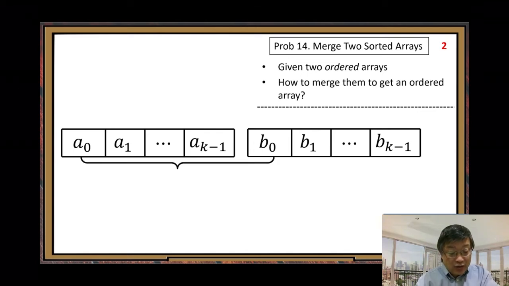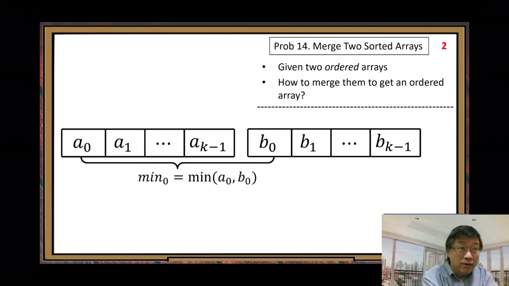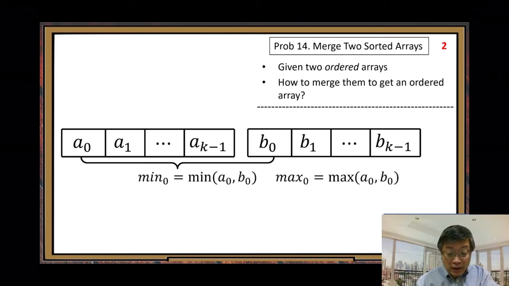Right? So when we start, we look at the first element in each subarray and we compare them. When we do the comparison, we have a minimum number and a maximum number. Although only two elements, one is smaller, one larger.